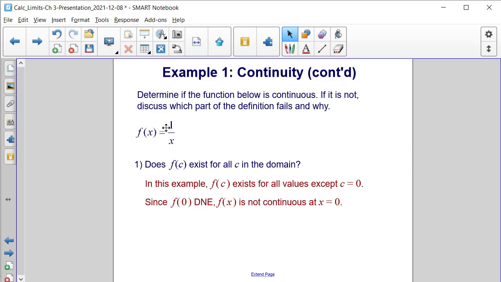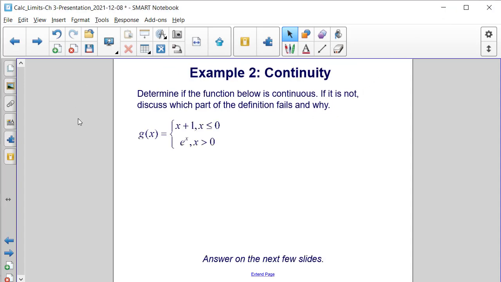So if we look at f of x is equal to 1 over x, we know that f of c exists for all values except c equals 0, because 1 divided by 0 does not exist. And since the function value at 0 does not exist, f of x is not continuous at x equals 0. Therefore, it fails continuity.